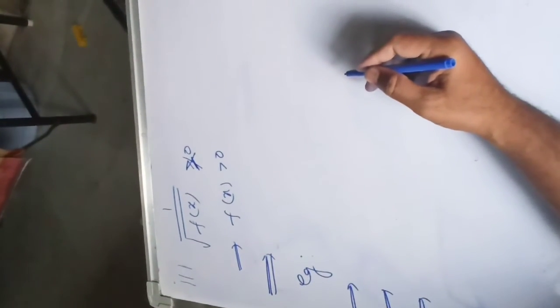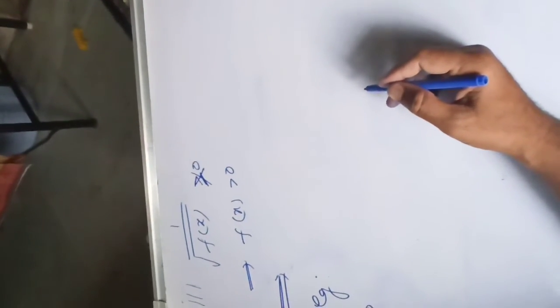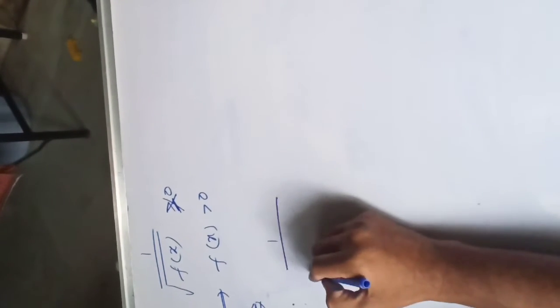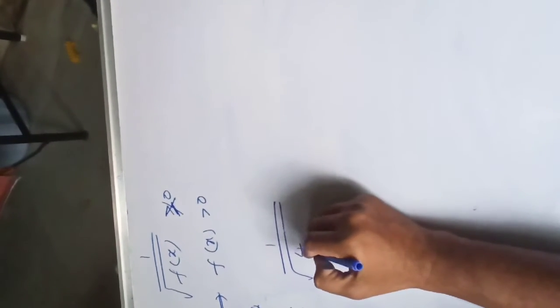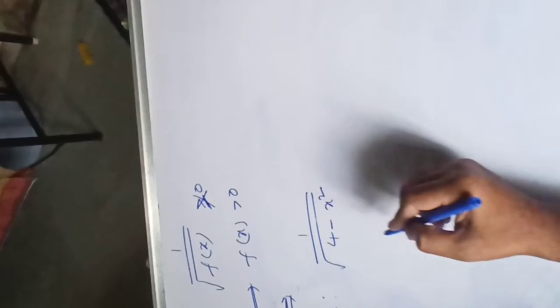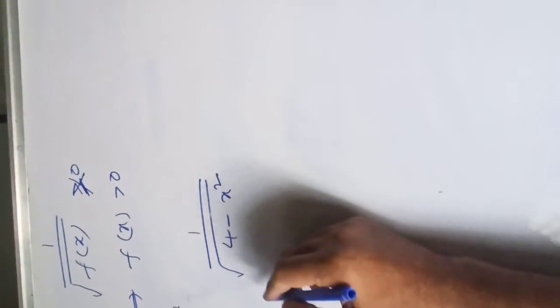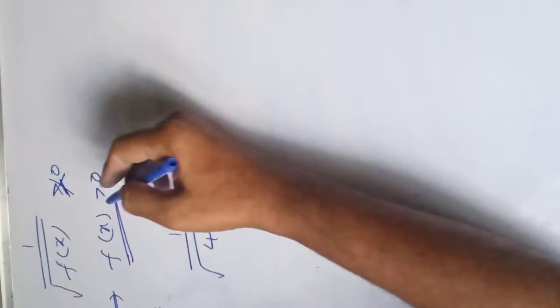Example we can take as 1 by root over 4 minus x square. Our aim is f of x greater than 0.